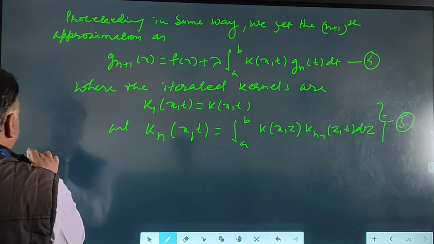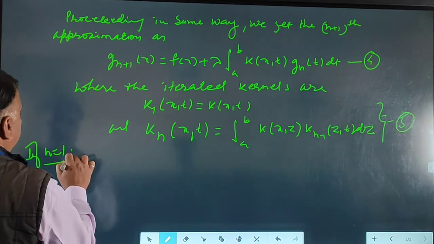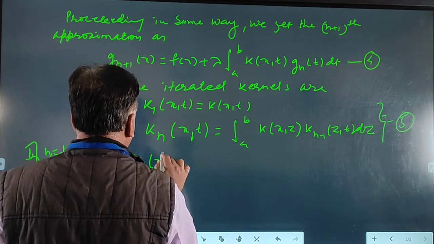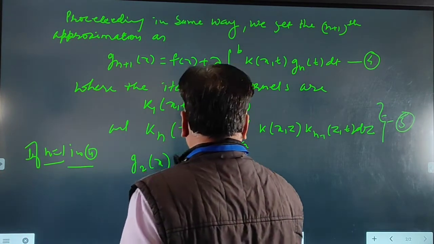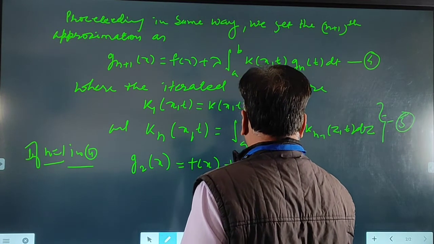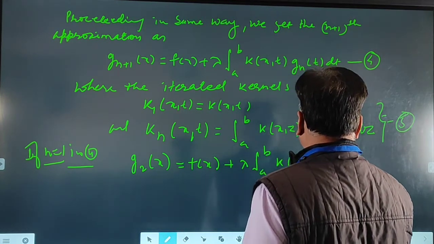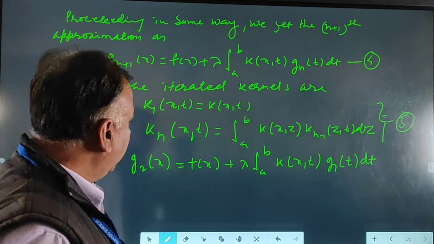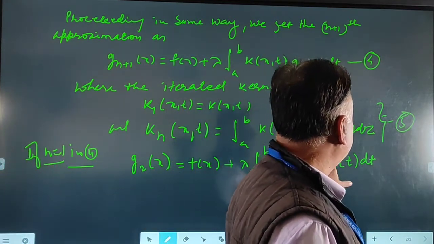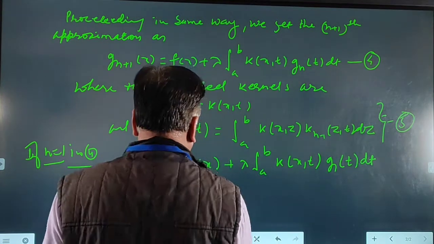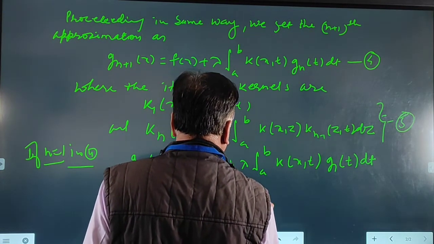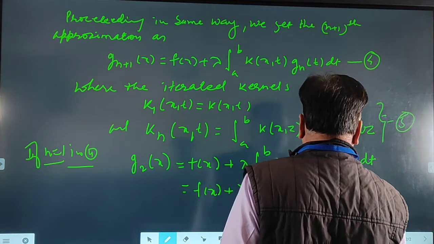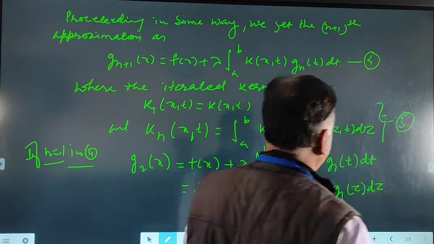Now we put n = 1 in 4. Then we get g2(x) = f(x) + lambda integral a to b K(x,t) g1(t) dt, or this can be written as f(x) + lambda integral a to b K(x,z) g1(z) dz.